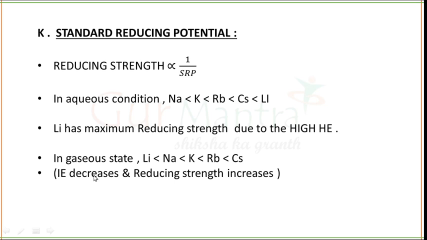And this reducing strength is inversely proportional to the standard reduction potential. In aqueous condition, lithium has the highest reducing strength due to the high hydration energy, while in the gaseous state, cesium has the highest reducing strength.